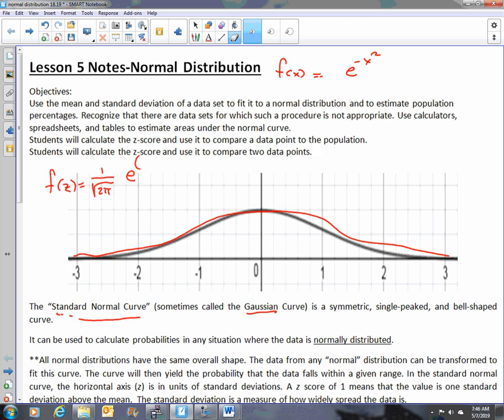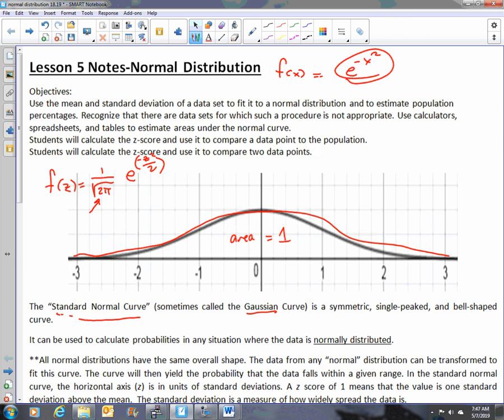Now, it's not all that important for you to know that particular equation just yet, but the idea is that Gauss took the general bell curve shape of this function, and he did a couple things to it. This coefficient of the bell curve makes the area under the curve from negative infinity to infinity equal to 1.